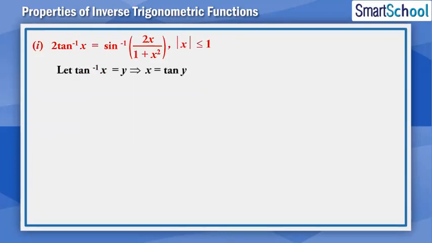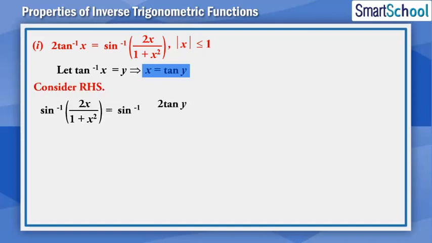Let us assume that tan inverse x is equal to y. This implies x is equal to tan y. Consider the right-hand side, sin inverse of 2x upon (1 plus x square). Substituting tan y in place of x, we get the right-hand side as sine inverse of sine 2y.